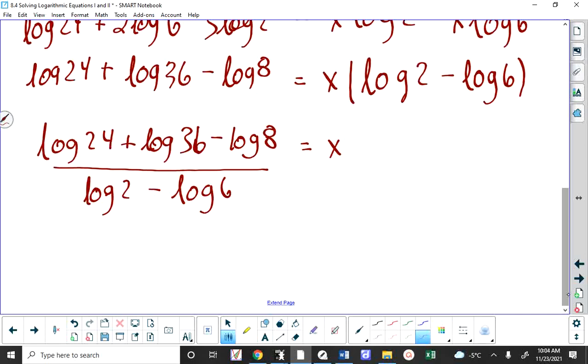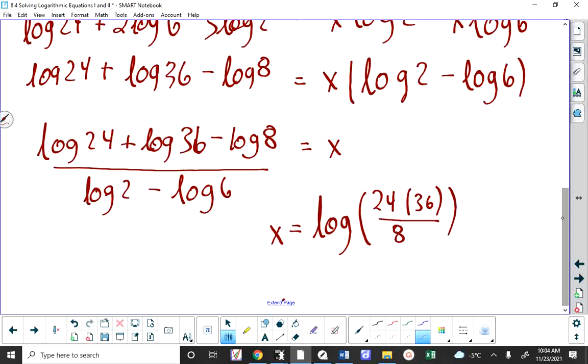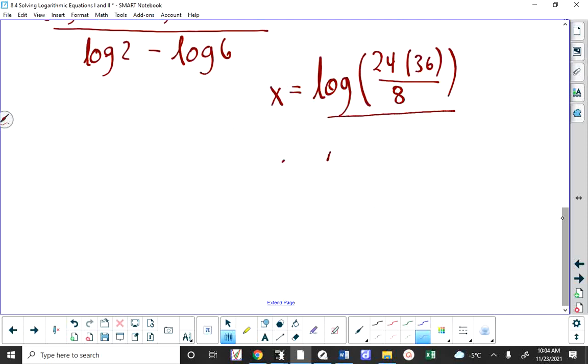Could we write this in other ways? Well, yeah, we could write this as log of 24 times 36 over 8, over, I'm going to leave the bottom alone right now. How many of you suspect there's something you can do with the bottom? Maybe.